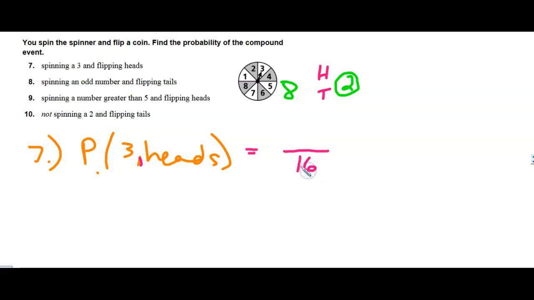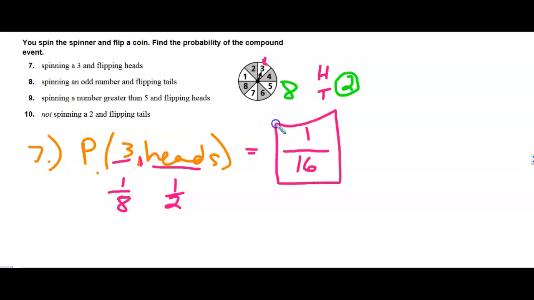But how many of these will give us a 3 and heads? That's very specific. 3 is 1 out of the 8. The probability of spinning a 3 is 1 out of 8 spots on the spinner. The probability of flipping a heads is 1 out of 2 sides of the coin. There's really only the one option. So our compound probability is 1/16.